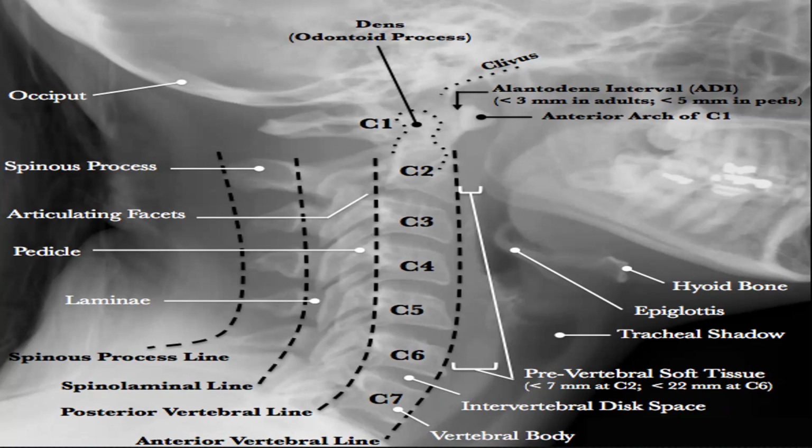The line between the spinous process line and the posterior vertebral line is called the spinolaminar line. Our spinal cord goes between the spinolaminar line and the posterior vertebral line, and that's called the spinal cord. We next go to this.